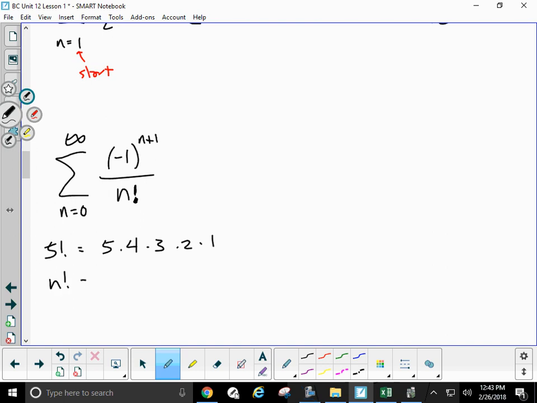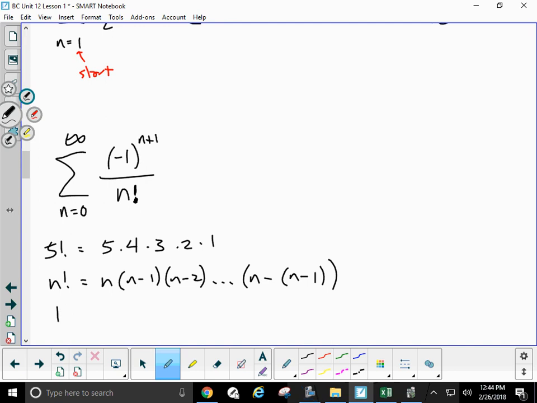So n factorial is n times n minus 1 times n minus 2 all the way till you have n minus 1 as the last term, which would give you 1. That doesn't have to make sense to you if this does.